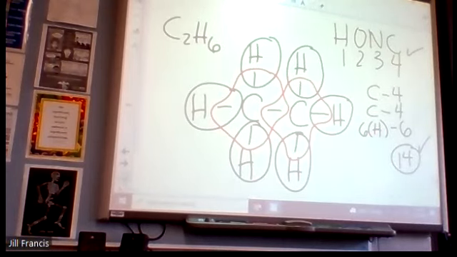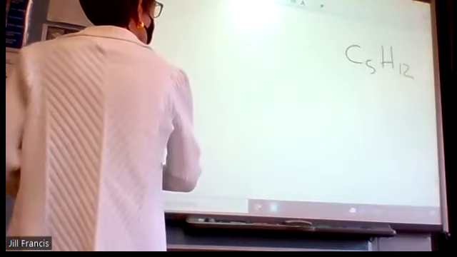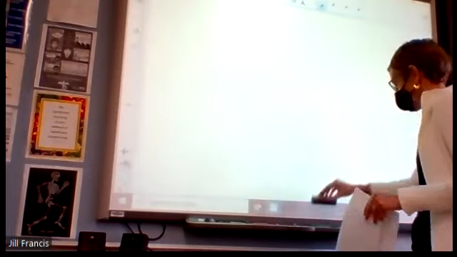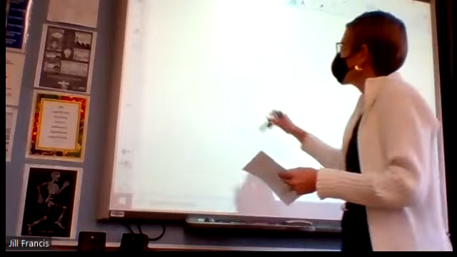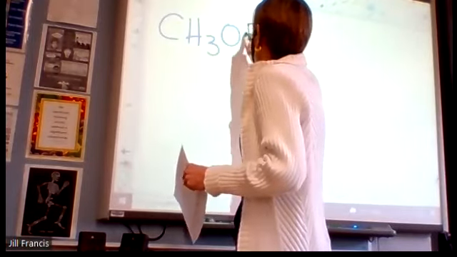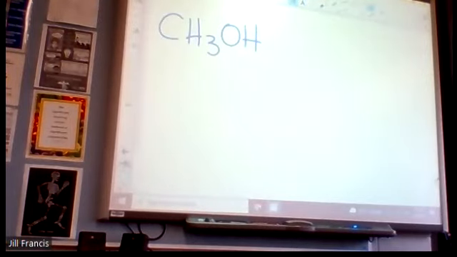Now I want to flip to the back and do some of the ones that are a little crazy. So let's look at ethyl alcohol, the CH3OH. When you get a longer formula like this, where you have lots of different elements, you want to read your formula from left to right.